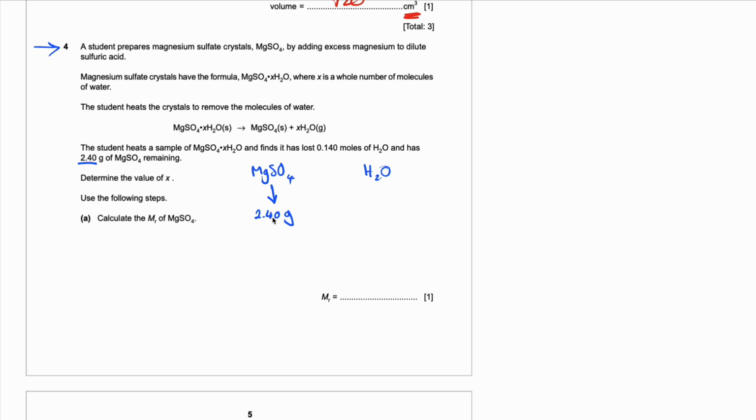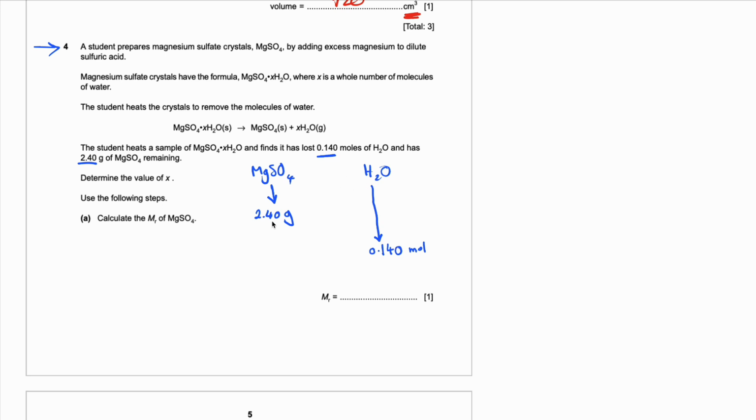So we need to convert that grams into moles, and we're going to do that later on. But he just did that step for you for water directly. So he saved your time, and he gave you the number of moles of water, which was 0.140. That's the number of moles of water molecules in the compound.